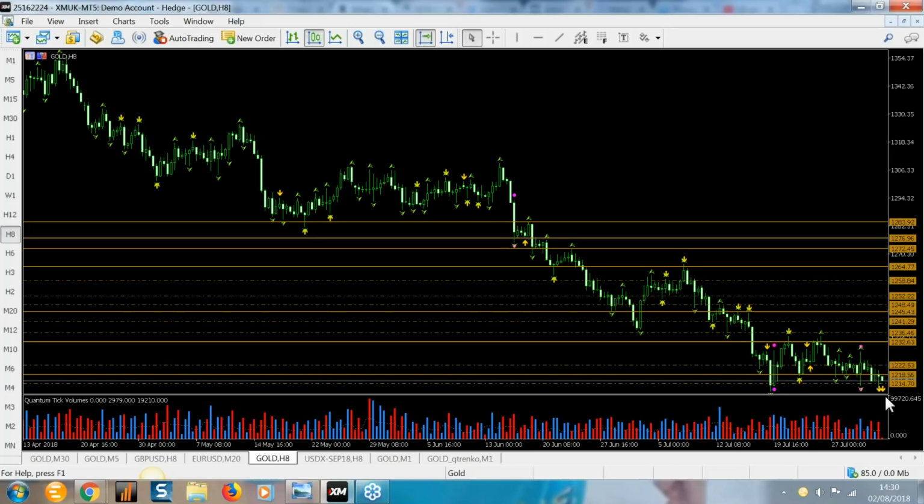Now, if I'm trading on the faster time frame, I want to know that because it tells me where my levels are, so that if I spot a potential trade on a faster time frame, I have a pretty good idea of where that trade is likely to be heading or not.